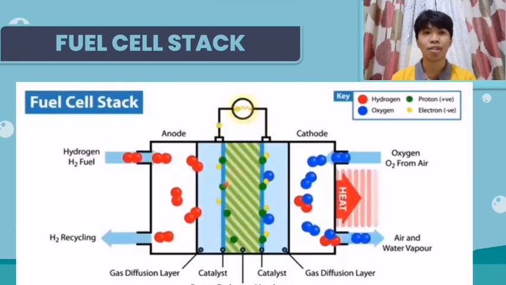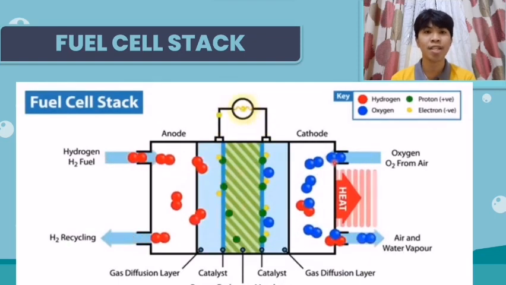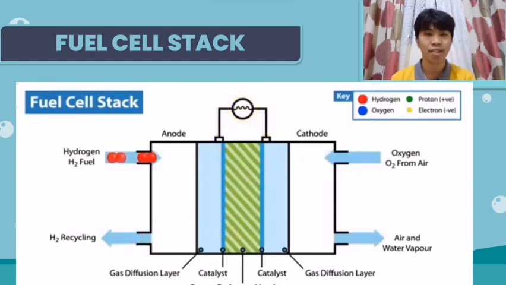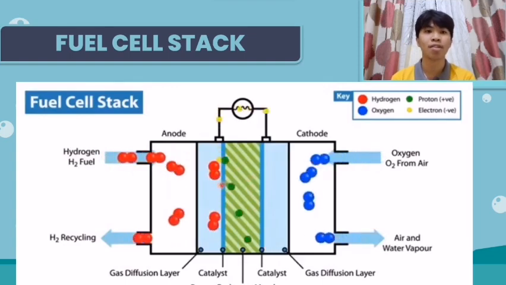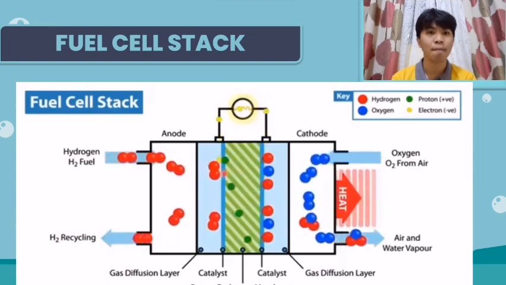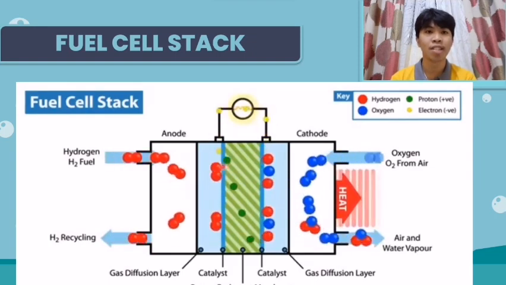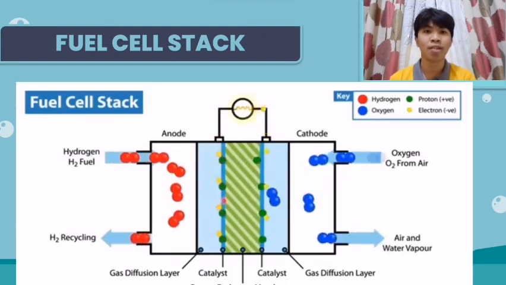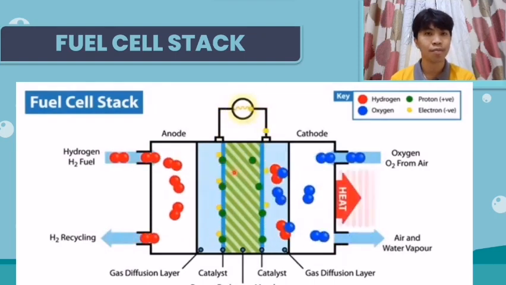So during operation, hydrogen and oxygen are being supplied inside the anode side and the cathode side respectively. And what happens is when the diatomic molecules of hydrogen react with the catalyst made up of platinum, the hydrogen molecules get split into proton and electron particles, and these particles are heading to the cathode.